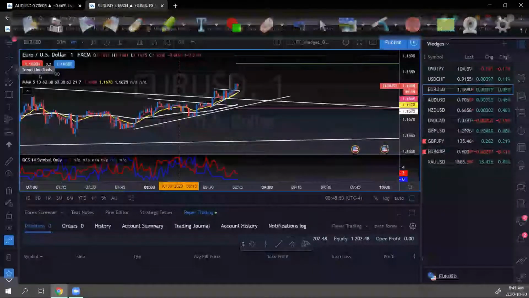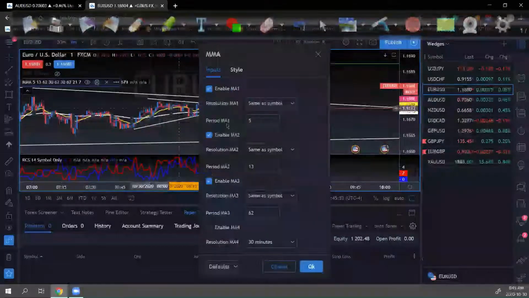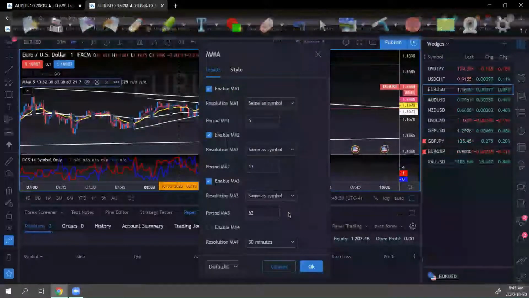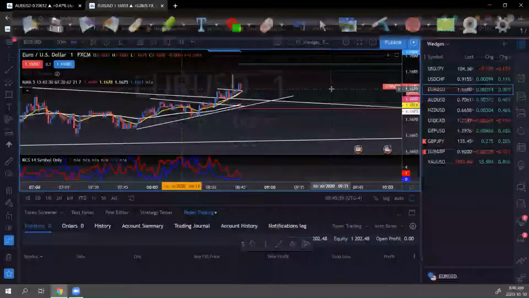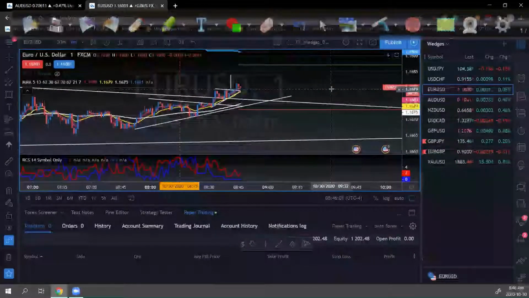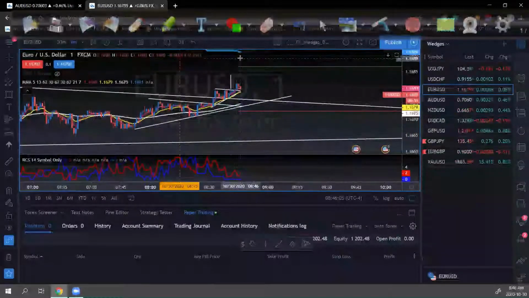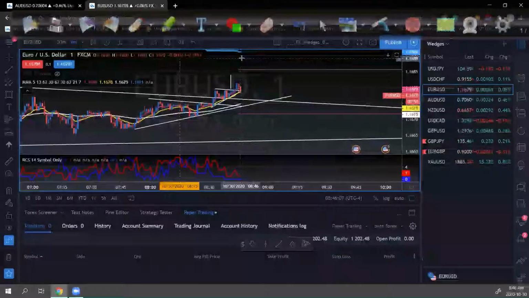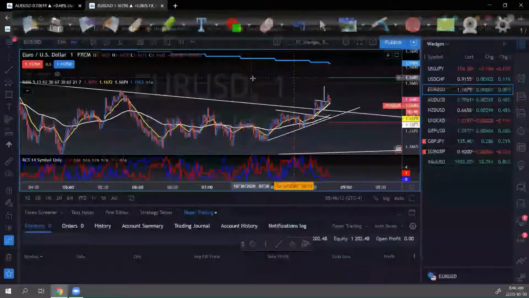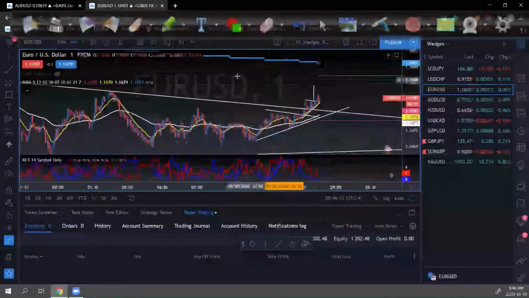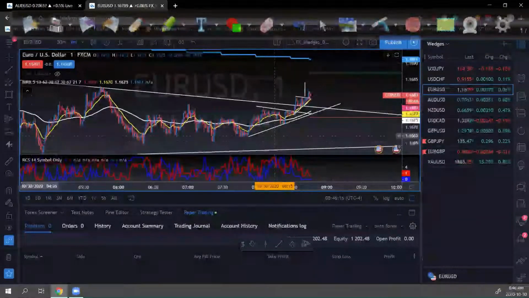I did turn it off. There it is. I like the probabilities of it tagging the 62. That 30-minute 62, it's so close. It's going to need some gas before it tags it, though. That's still like 10 pips away.